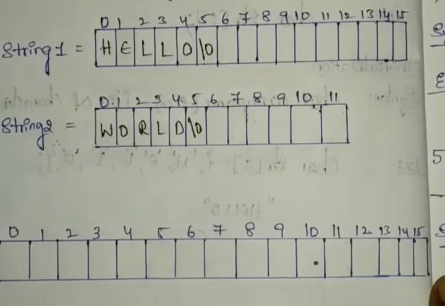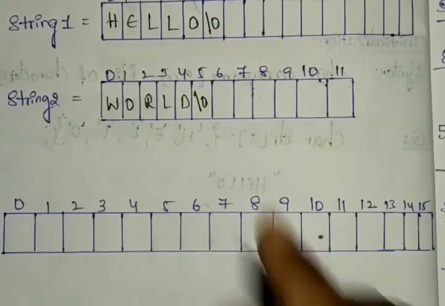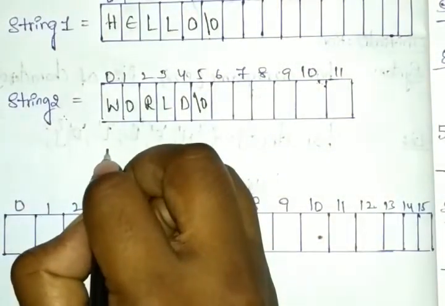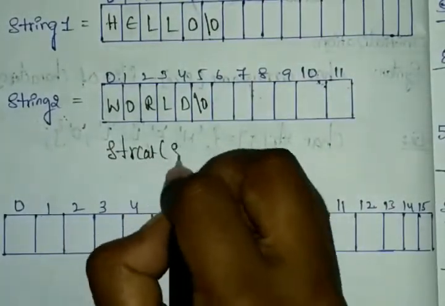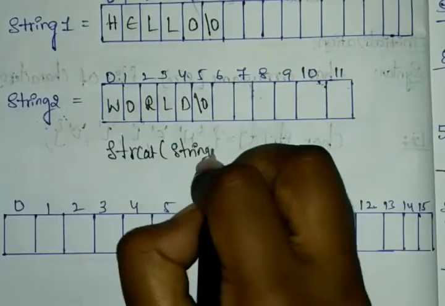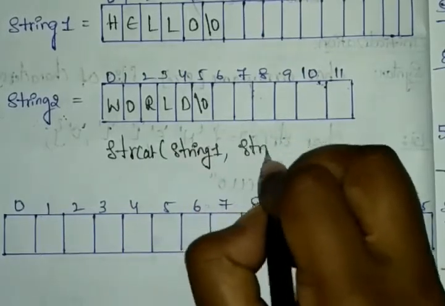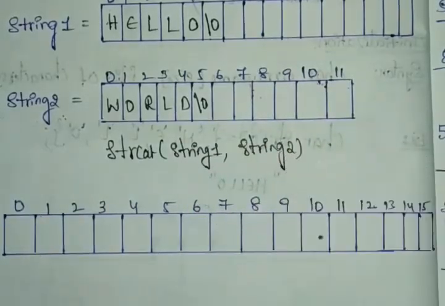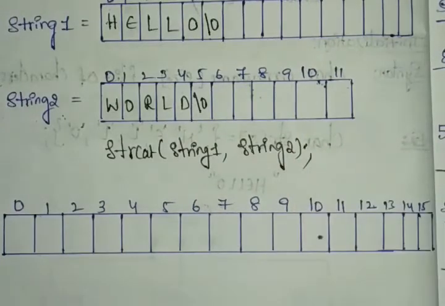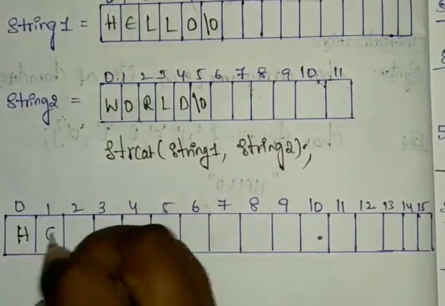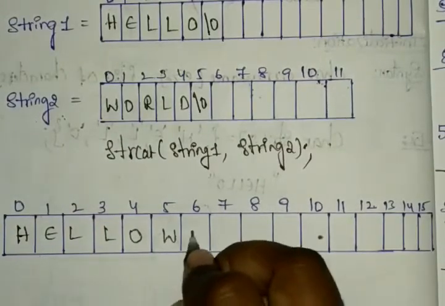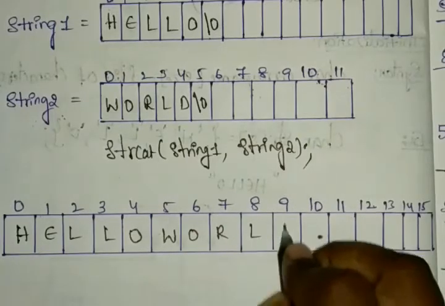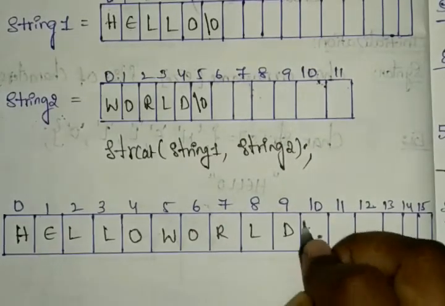And next we are adding these two. How are we adding? By using strcat with string 1 and string 2. Here we are performing the concatenation of string 1 and string 2. Let's see how it will look: HELLO, and after that our "world" is added, followed by the \0.